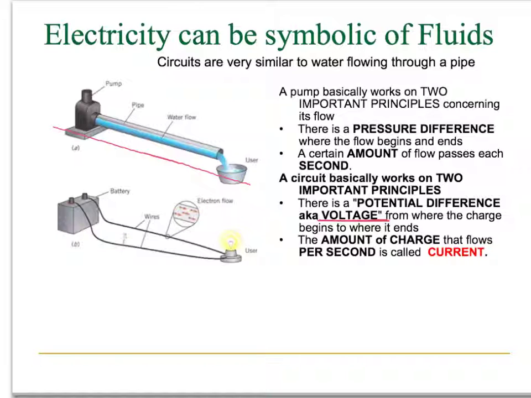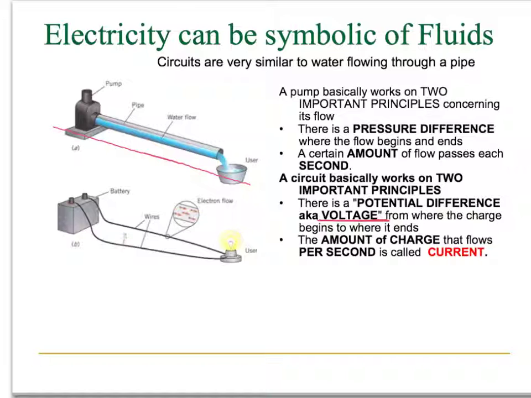In some problems, sometimes you will be asked to determine the potential difference. Potential difference is the same as the voltage. So you also have to use the equation where there is a voltage, and in that way you can solve for the potential difference.